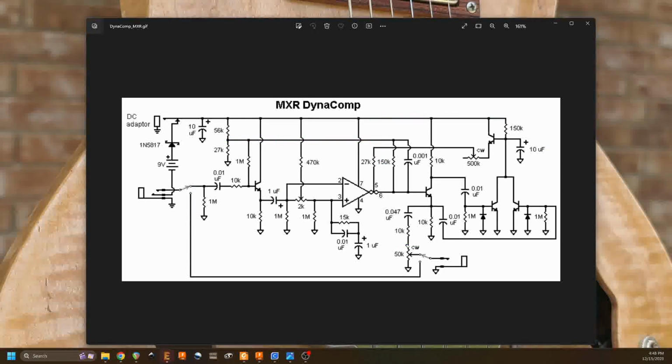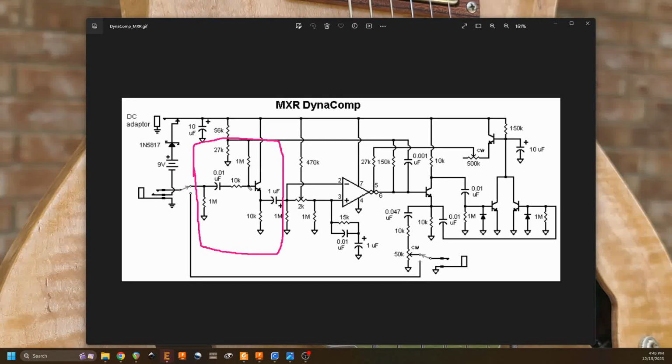So to start with our input buffer, this is actually a very simple NPN BJT buffer stage. Okay, so I'm going to highlight it again here so that we can see what we're looking at. And so we come in on the input, we have a pull down resistor, we have a DC blocking capacitor, and then we have this input resistor to the base of our BJT.